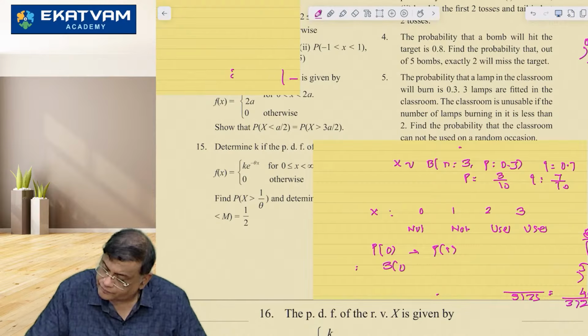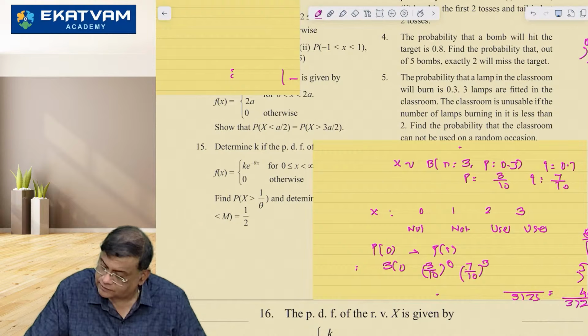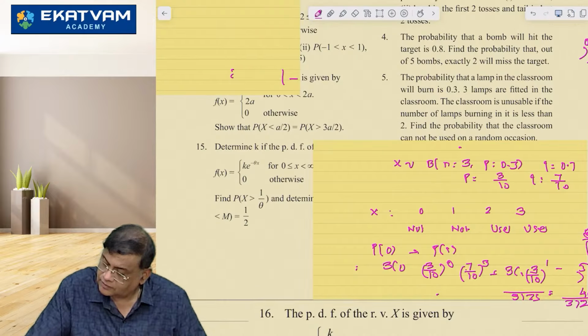3C0, then 3/10 raised to 0 and 7/10 raised to 3, plus 3C1, 3/10 raised to 1, 7/10 raised to 2.